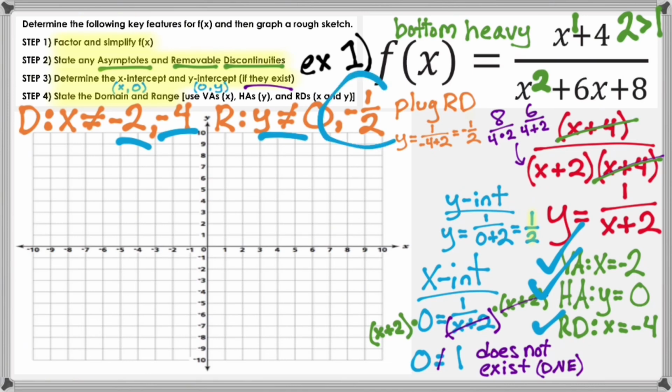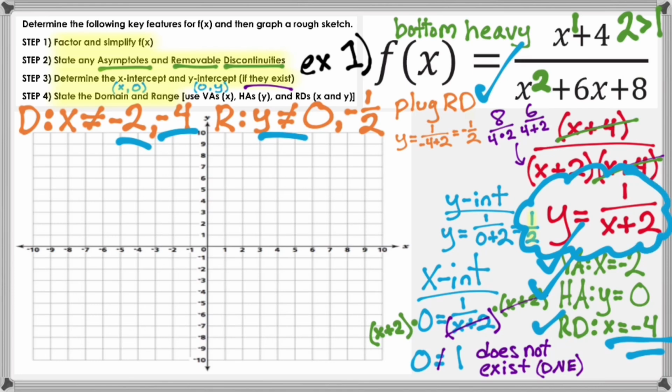And then lastly, you're going to notice that -1/2 that is there. That is not the y-intercept. That is the removable discontinuity. Because remember, and this is again from the previous video, you will need to figure out what is the y value of your removable discontinuity by plugging that number, in this case x equaling -4, plugging that back into the new function, which is right here, 1 over x plus 2, and you can see the -4 right there when you plug it in.